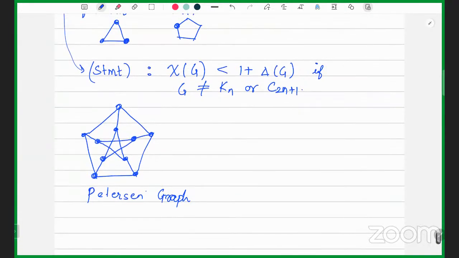Okay, so clearly this is not just a cycle. Let's say I shorten it as Pet, then Pet is not equal to C2n plus 1 for any n.